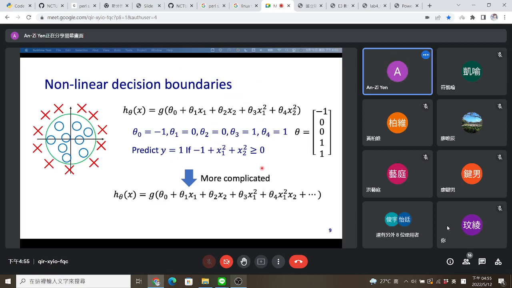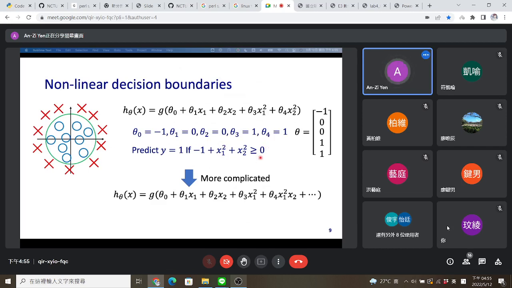And if we take the value -1 to here, we can say the hypothesis will predict that y equals 1 whenever x1 squared plus x2 squared is greater or equal to 1.